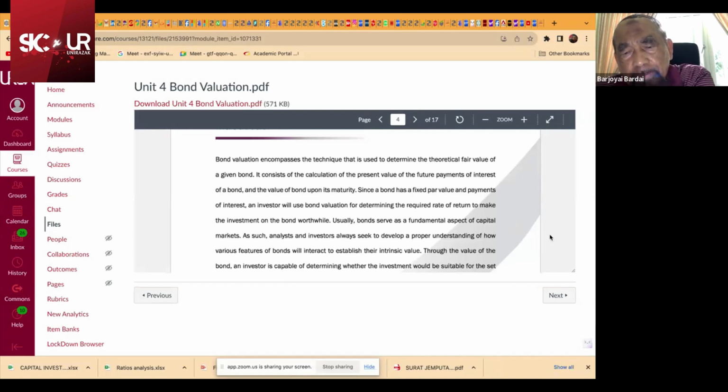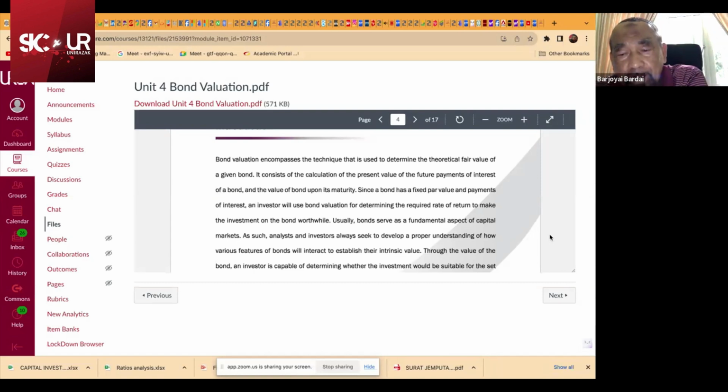Usually, bonds serve as a fundamental aspect of the capital market. As such, analysts and investors always seek to develop a proper understanding of how various features of a bond interact to establish their intrinsic value.